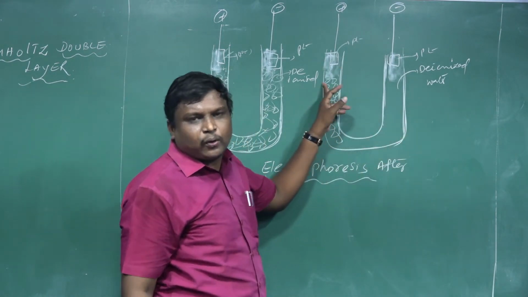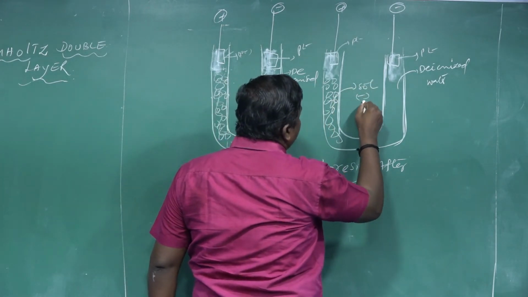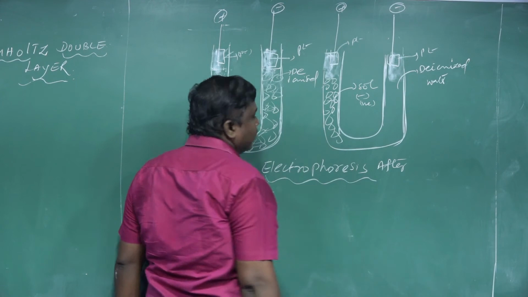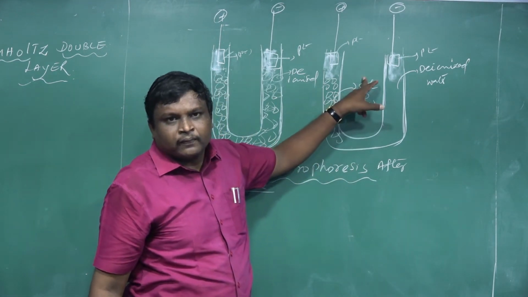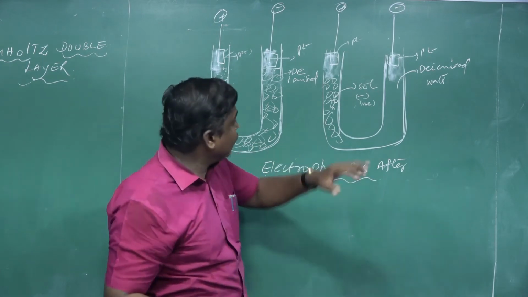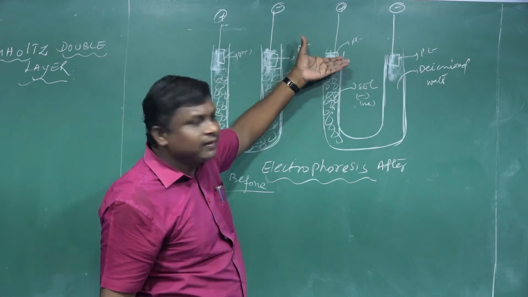So the sol particles become negative. Suppose the sol particles are negative, the positive electrode becomes raised.